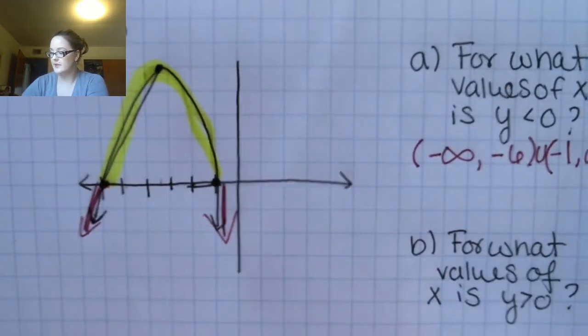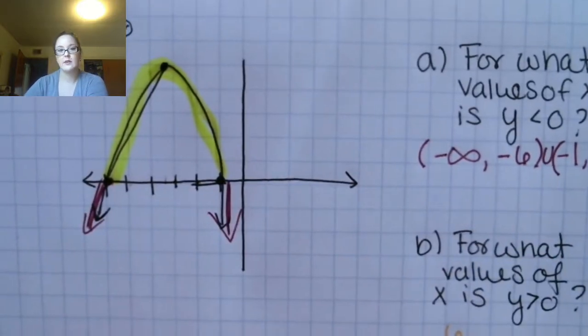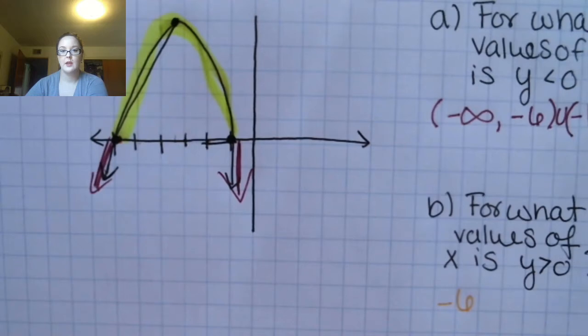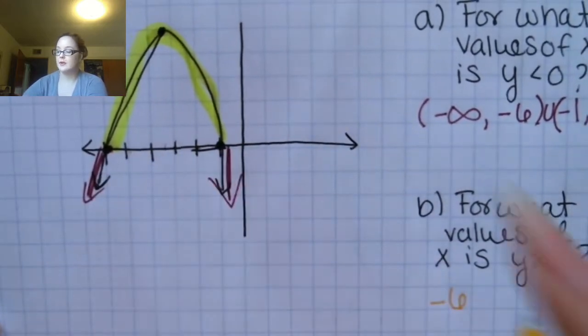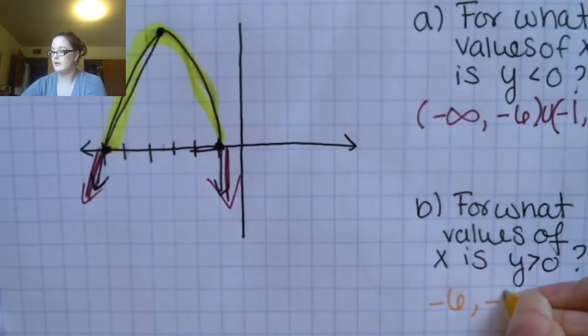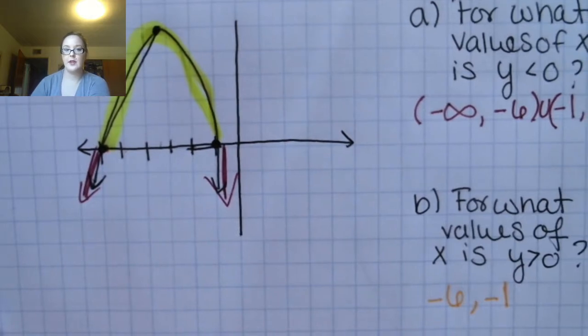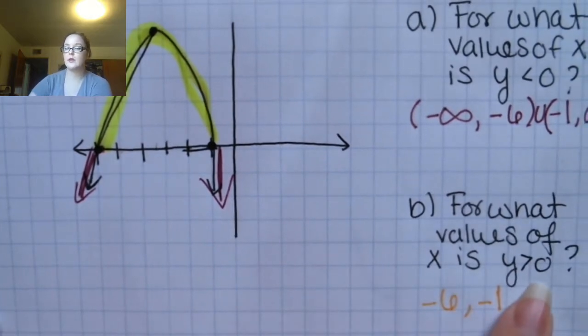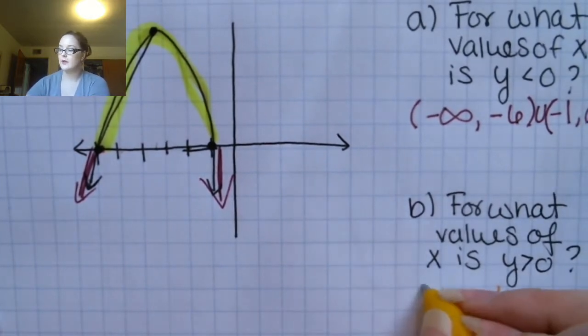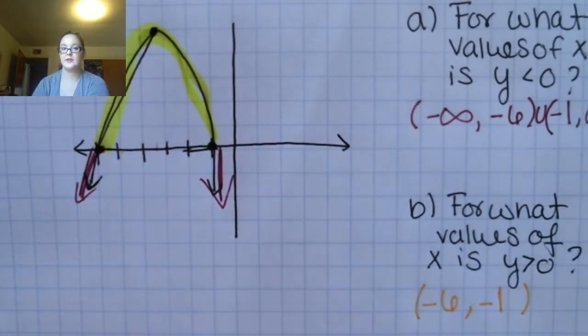Yep, that's -6. And it goes up to -1. Because we have strictly greater than and not greater than or equal to, we're going to have parentheses.